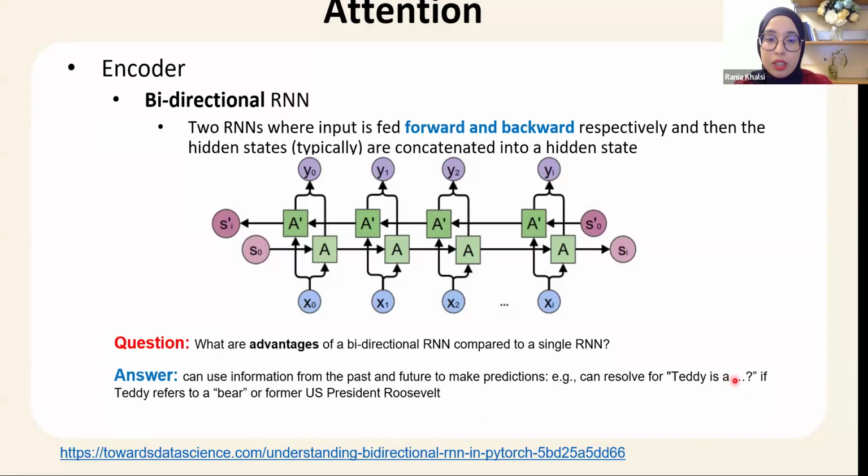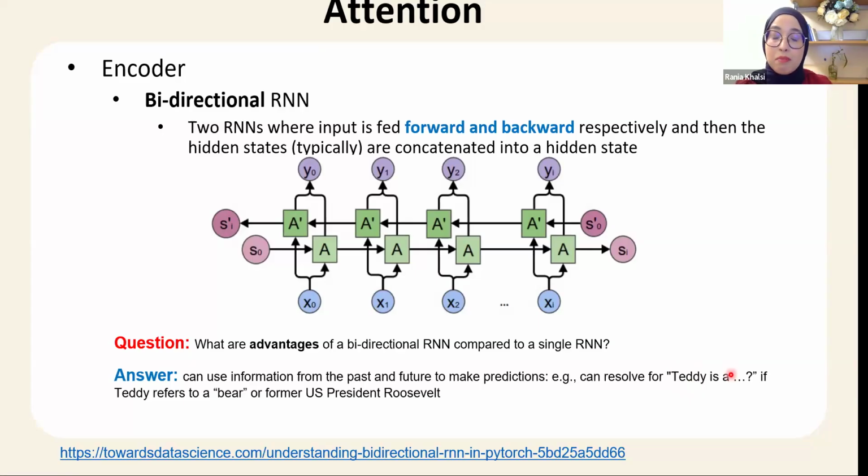Here the model is going to keep memory of the word Teddy, and it can predict what might come next. Perhaps it could be beer or even the name of a person. So the more information the model has about the past, the better it can predict the future. This is one of the strengths of bidirectional architectures.